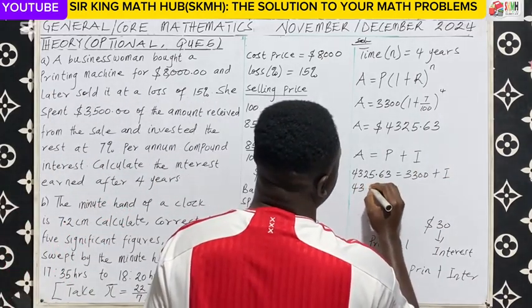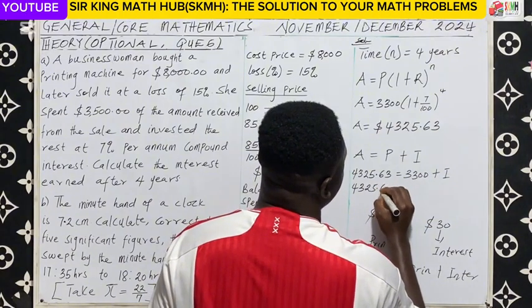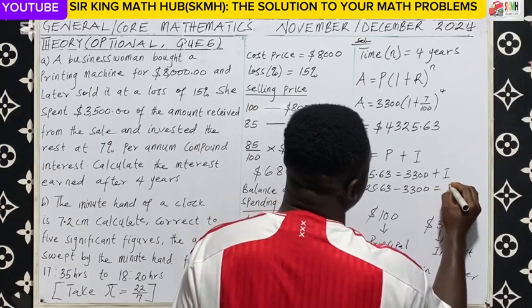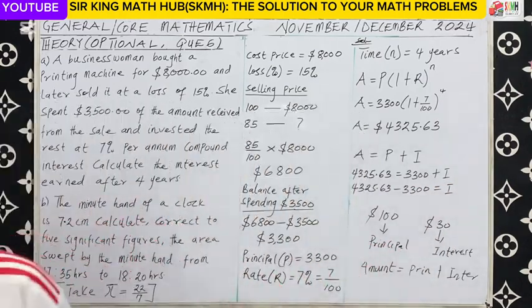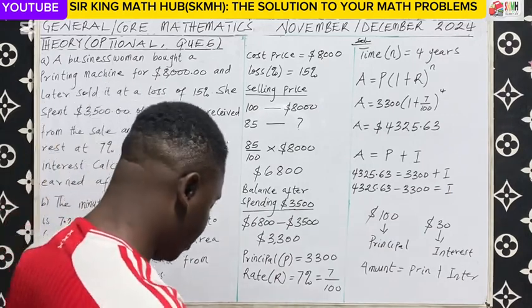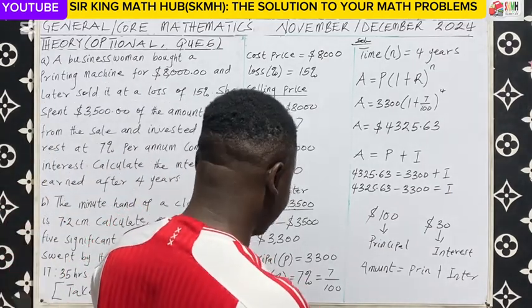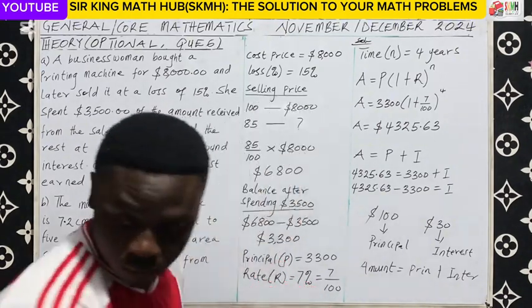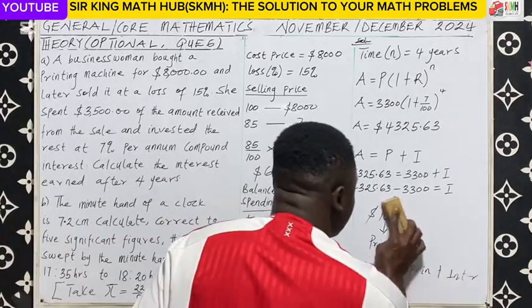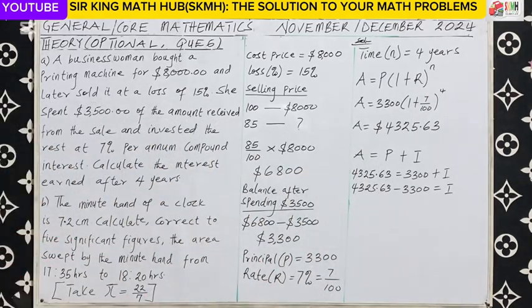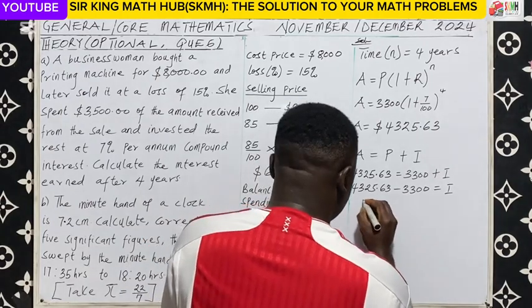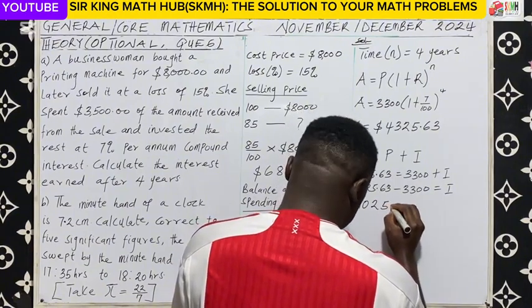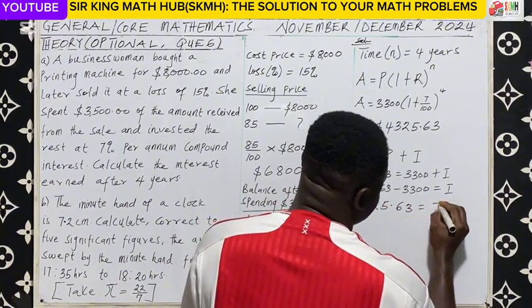So we have 4325.63 minus 3300. This should be equal to our interest. So let's simplify. 4325.63 minus 3300, we have 1025.63 as our interest.